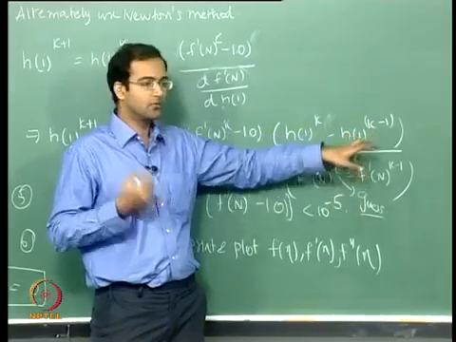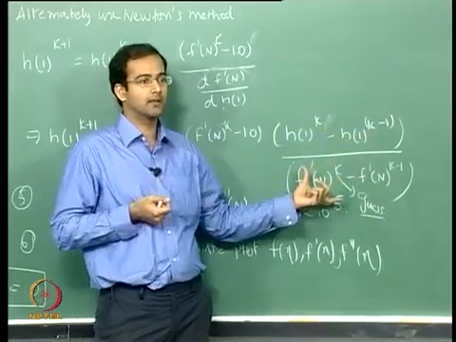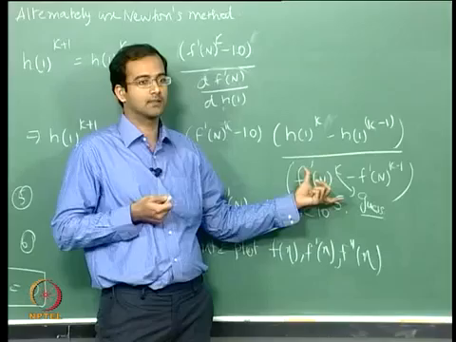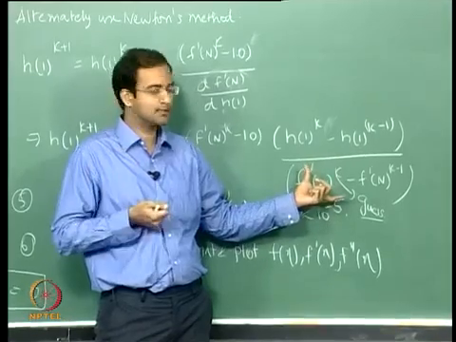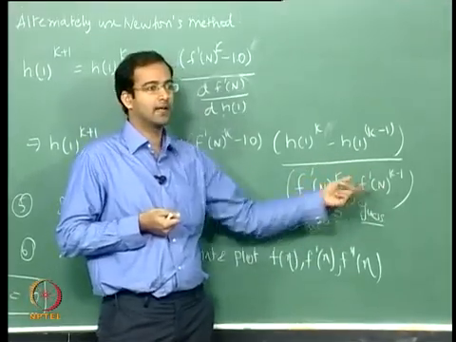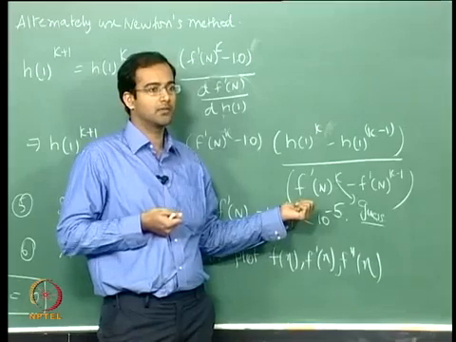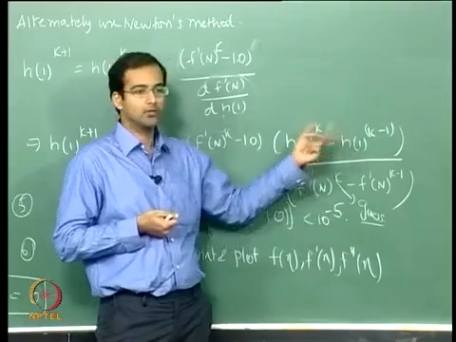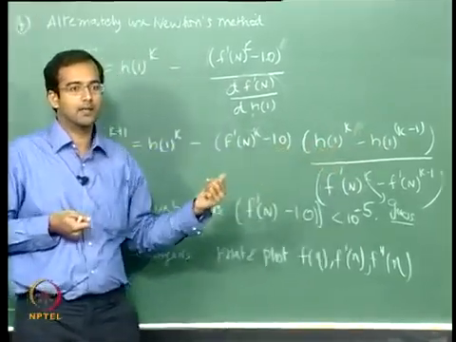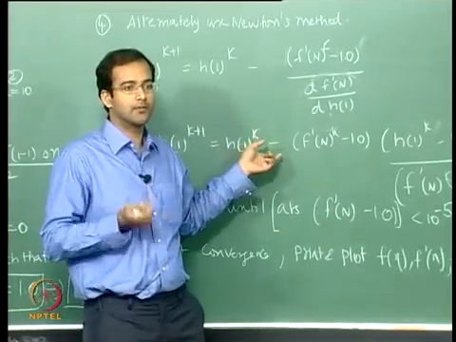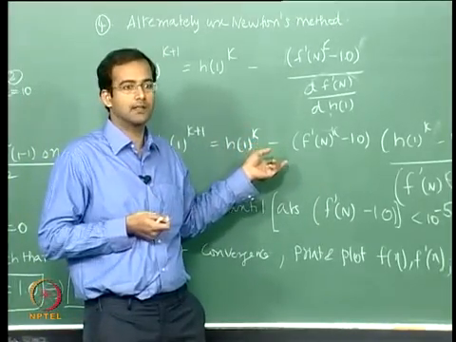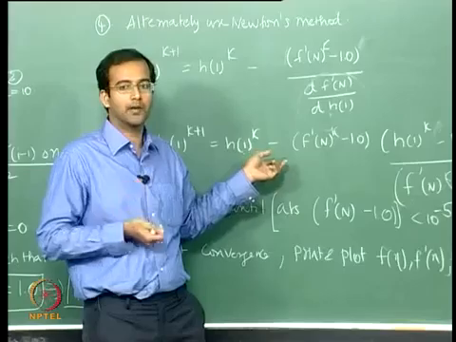You need two wild guesses because you need this particular df by dh. Therefore you first give two wild guesses and take the difference in the values of f of n corresponding to those wild guesses. From the third guess it's not wild anymore, so you use this and calculate the more appropriate guess value.